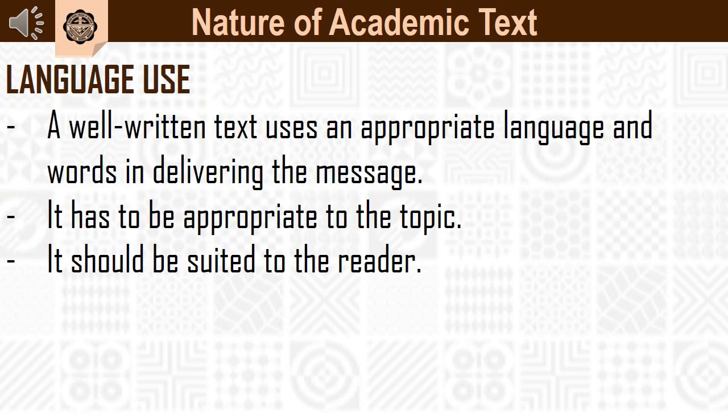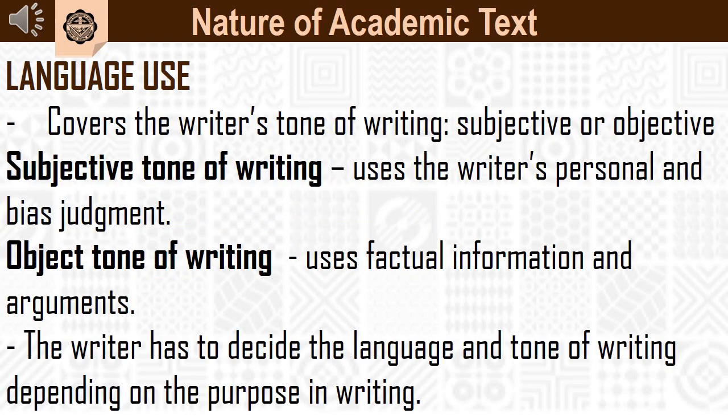In reading academic texts, you need to identify first the language that needs to be used. A well-written text uses an appropriate language and words in delivering the message. It has to be appropriate to the topic. The choice of language also should be suited to the reader. This also covers the writer's tone of writing, subjective or objective.